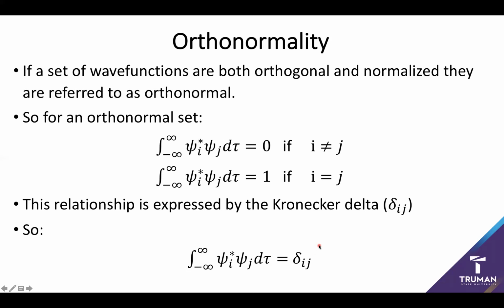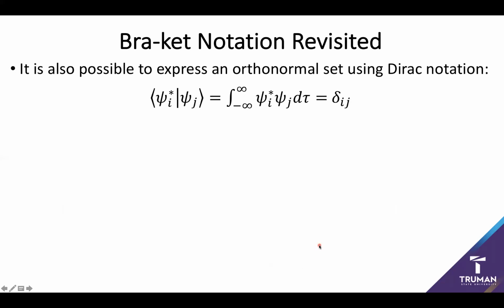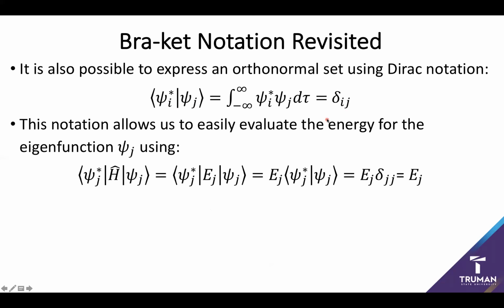And this is really where Dirac notation truly starts to shine. Using Dirac notation, if I'm applying wave function i with respect to j, it's going to be equal to the Kronecker delta. And this is just always going to be the case. So this is one way to rapidly evaluate the energy of a system. Let's say I apply the Hamiltonian with respect to j.